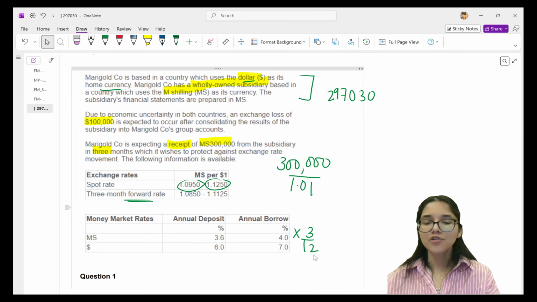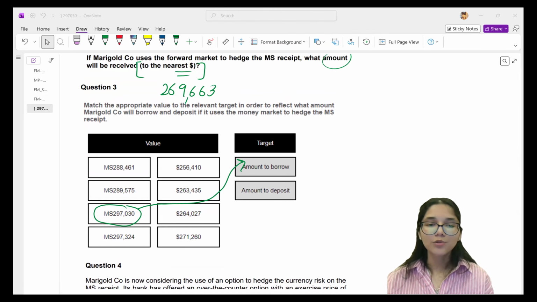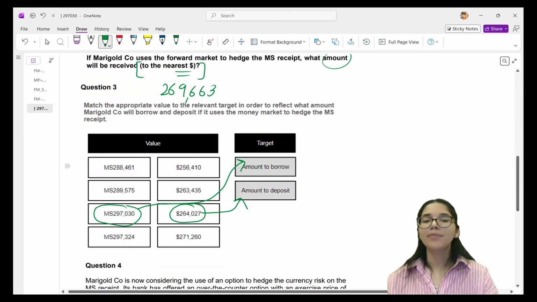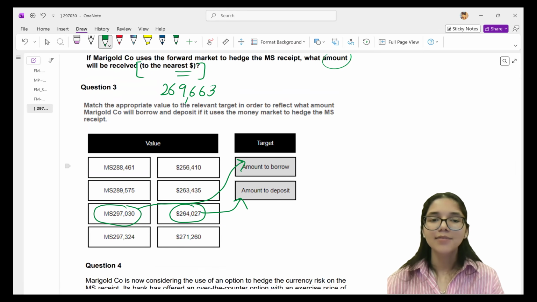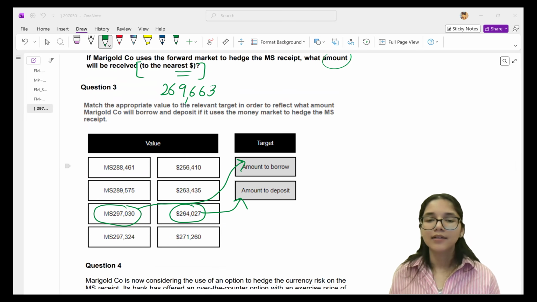So let's see which option is the closest over here. 264,046 is what we were getting. Sorry, 026. So this is the closest. This is the amount that will be placed on the deposit. Understood, guys? This is the second step of our calculations.